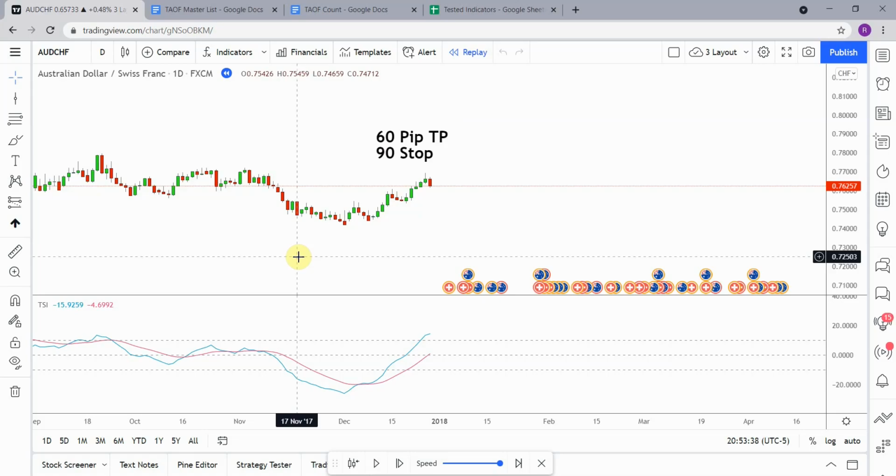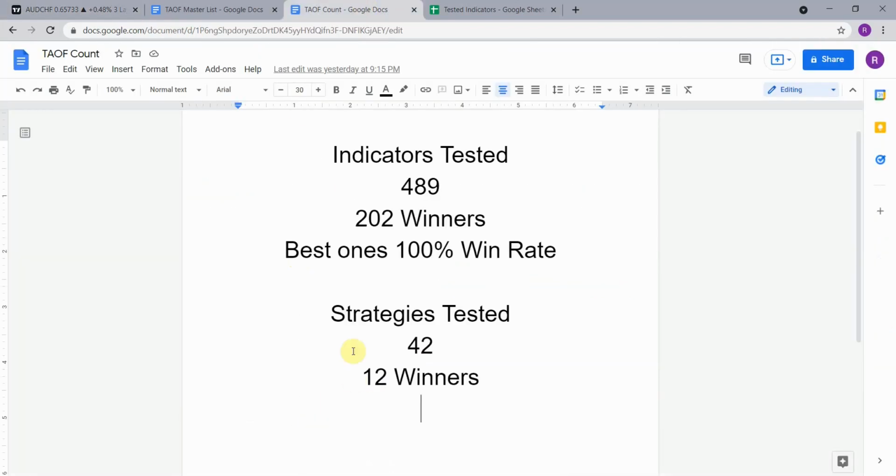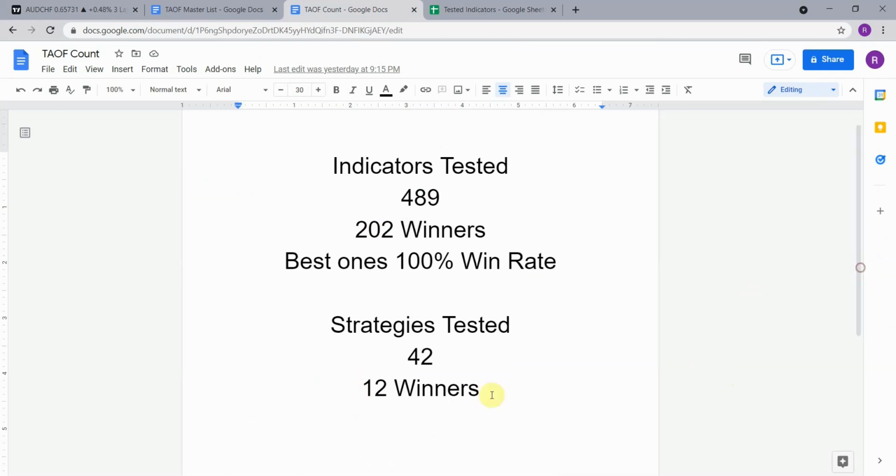Alright, as I said, today we will be testing the TSI indicator. Before we do though, I wanted to put the testing scoreboard up for everyone to see. So to date, we have tested a total of 42 different strategies, with 12 of them being winners. We've also tested a total of 489 indicators, with 202 of them being winners.